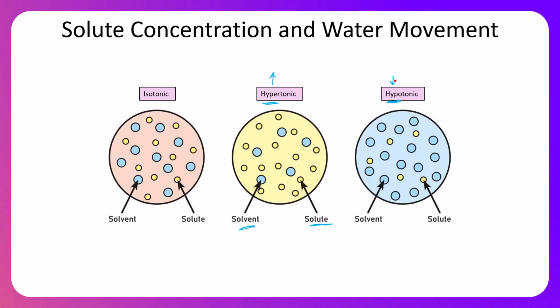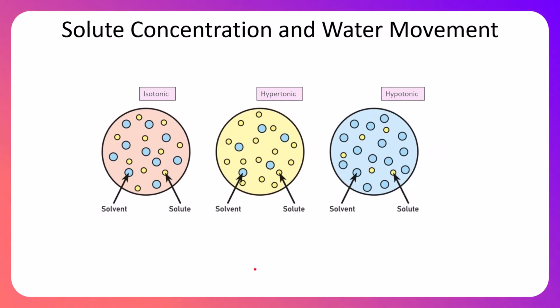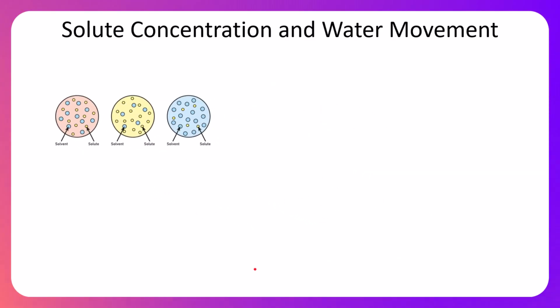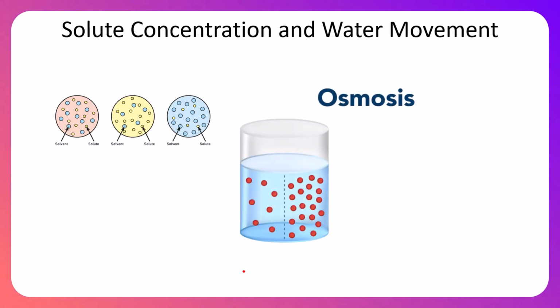These are not just terms that are going to be used in a single solution. They're also going to be terms that are used to compare two different solutions that are separated usually by a semi-permeable membrane, like the cell membrane. And so if we focus on an example of this actually using osmotic terms, we have a semi-permeable membrane, which is separating two solutions of differing solute concentrations.